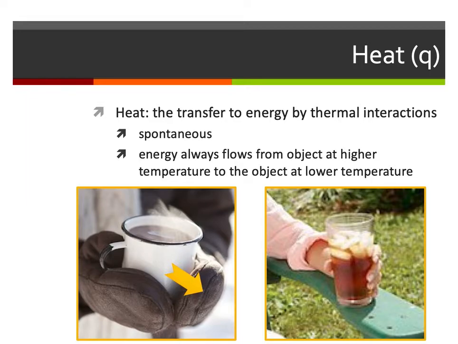When you hold iced tea or a cold beverage, however, it feels cold because heat is leaving your hand and going into the drink. If you held either object for a long enough time, they would both eventually come to the same temperature as your body, so approximately 98 degrees Fahrenheit.